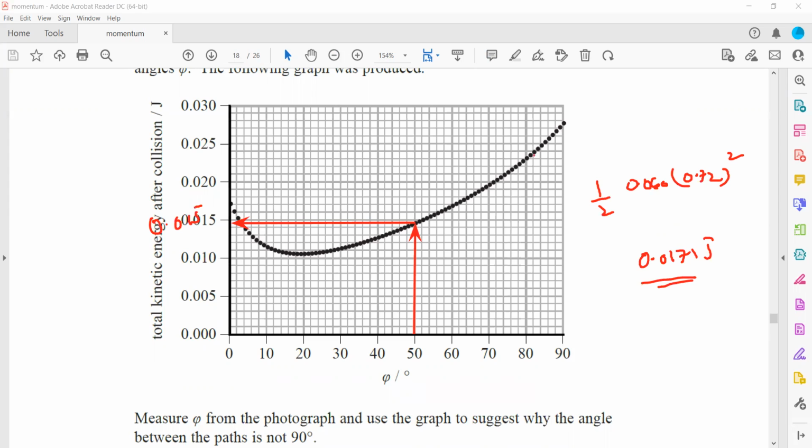So it shows that the kinetic energies before and after are not equal. What does this give evidence of? This gives evidence that this collision is not an elastic collision, it is an inelastic collision.